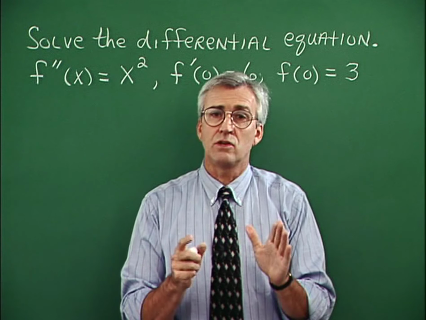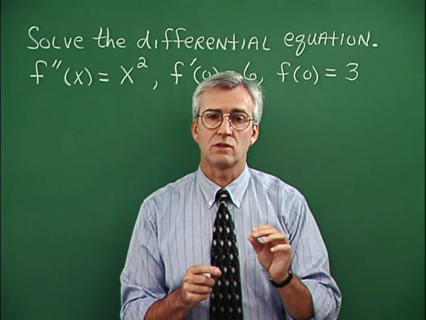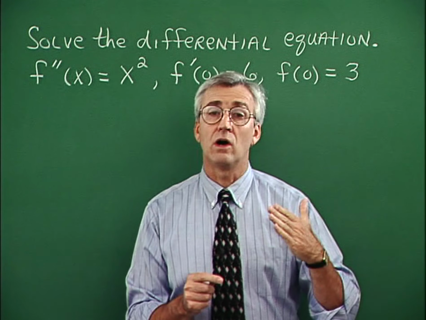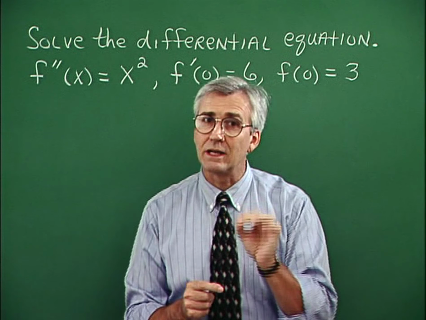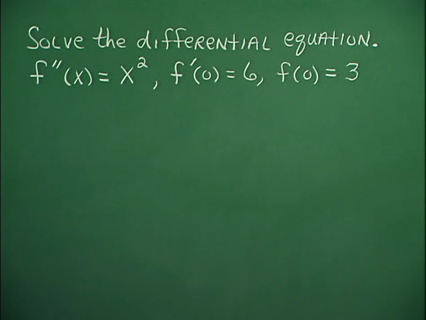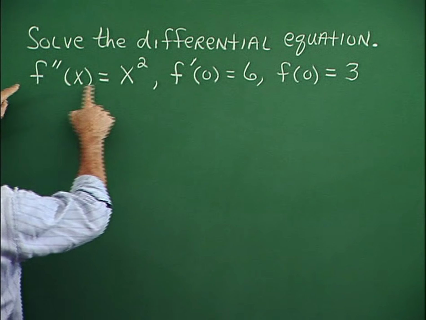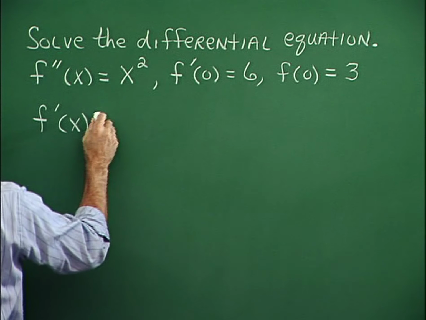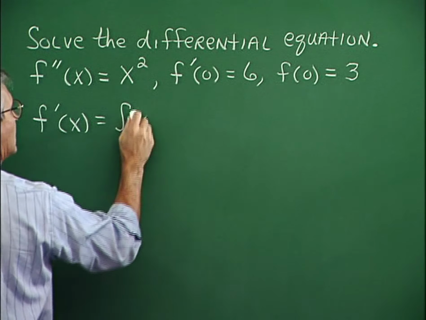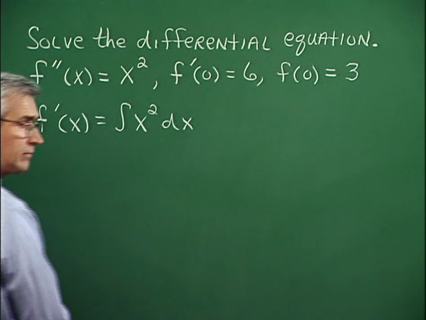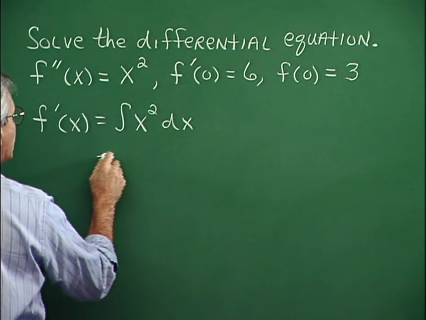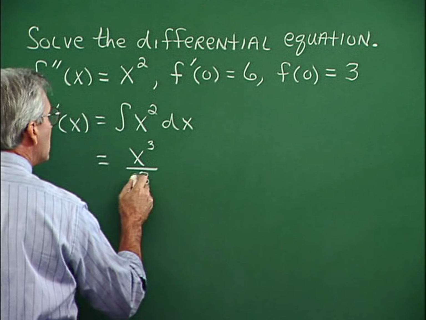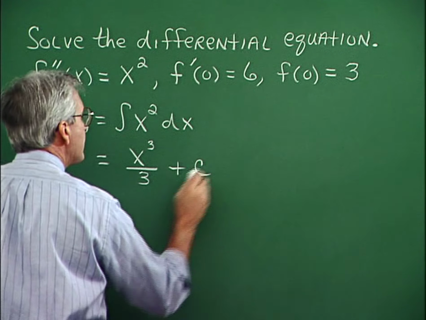We're given the f double prime function, and we want to find f prime. We also want to find f. f is the ultimate function that we want to identify. Okay, so if f double prime of x is x squared, then f prime of x is the integral of x squared dx. To integrate, we know that this is x cubed over 3 plus c.